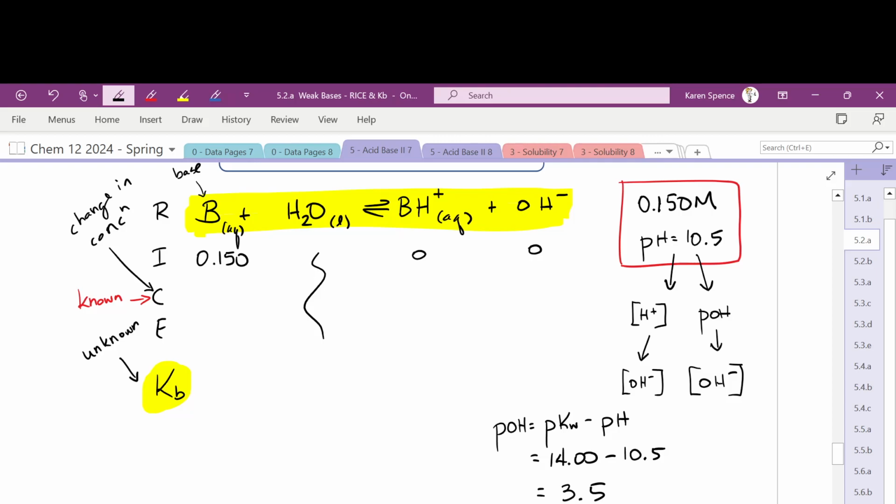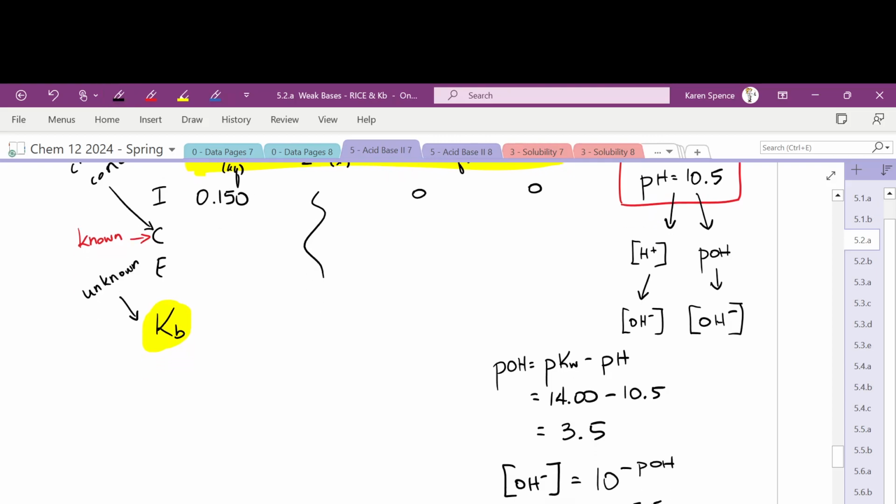So the concentration of the OH then, how do we find concentration of OH from pOH? 10 to the negative pOH, which is equal to 10 to the negative 3.5. So that's going to be 3.16 times 10 to the negative 4 molar.